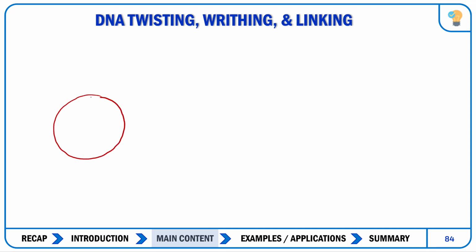When I take a look at just DNA, the simplest form is when there's no twist of the DNA, and also no writhing, which means there's no linking.